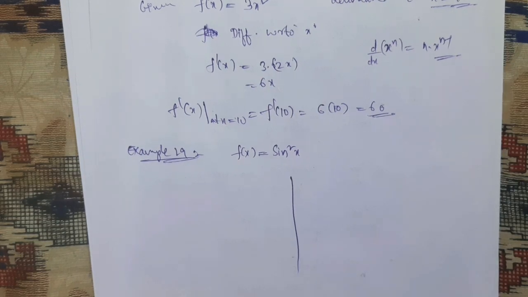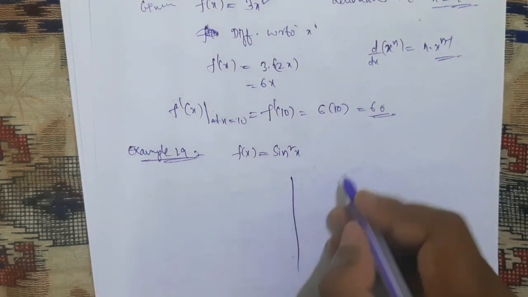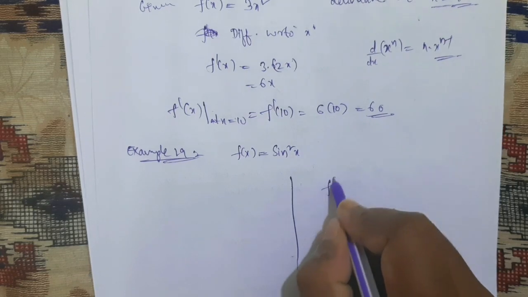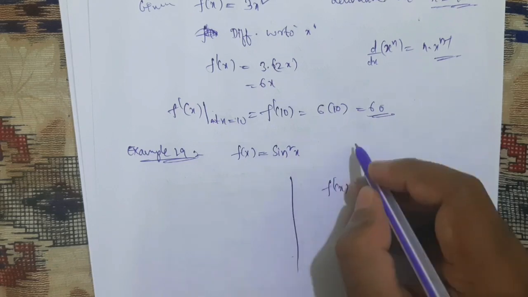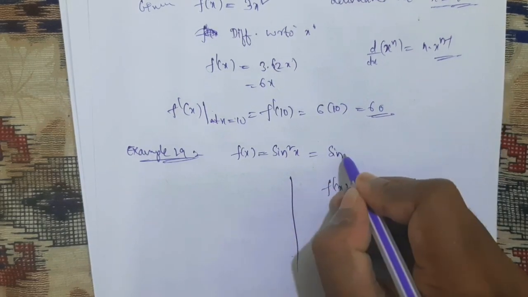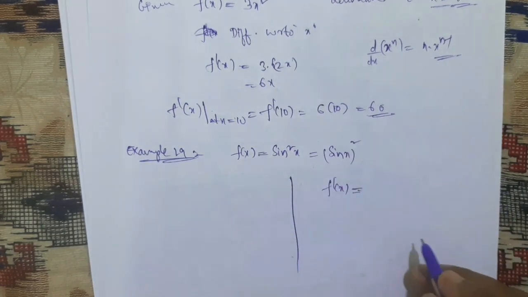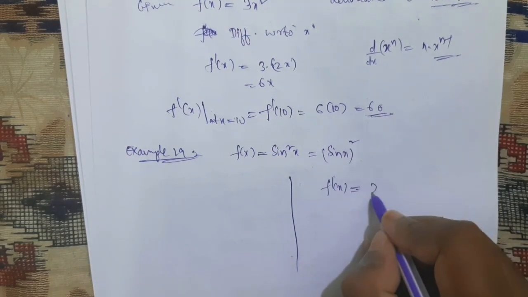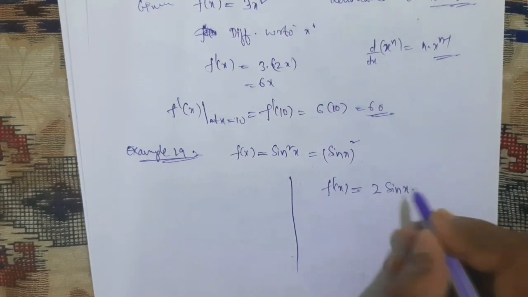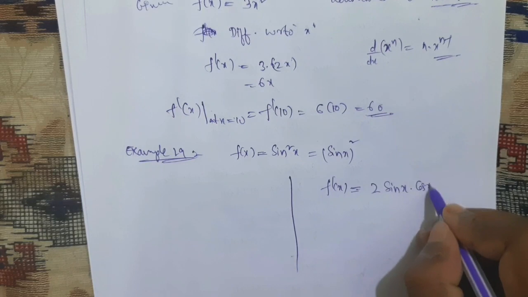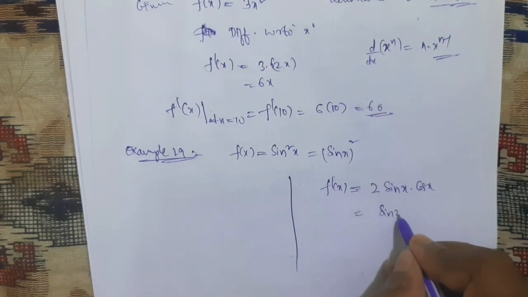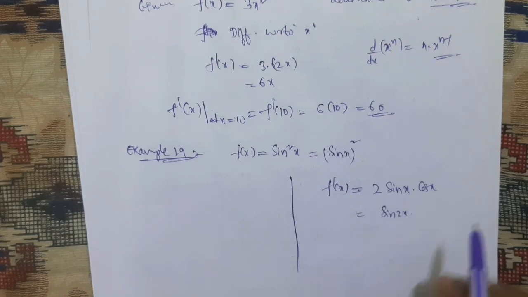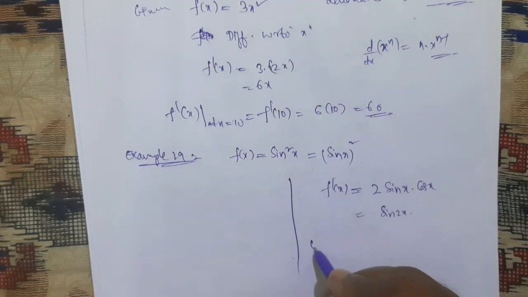Once you revise your notes, f dash of x is, by the chain rule, first we apply the whole square. We can write sin square x as sin x whole square, so we write 2 sin x and then the derivative of sin x, which is cos x. Combining, 2 sin x cos x is sin 2x. This is the first method, using the chain rule.